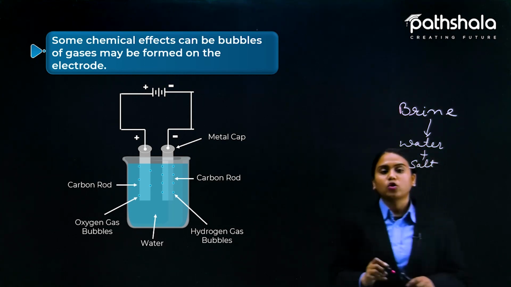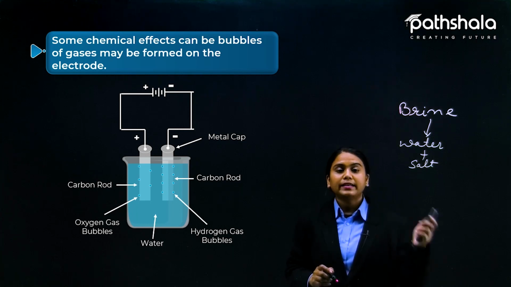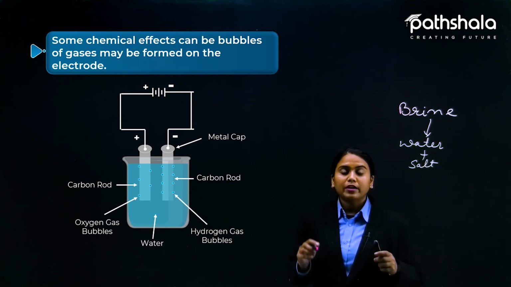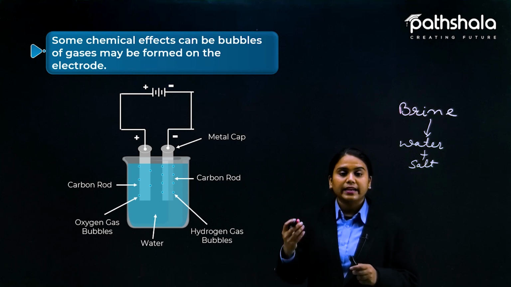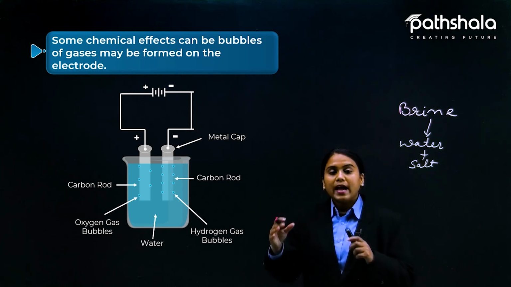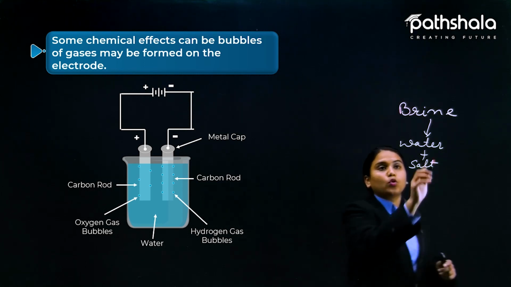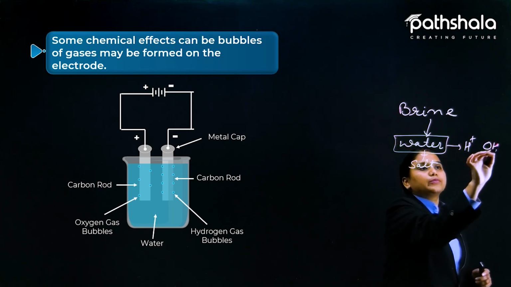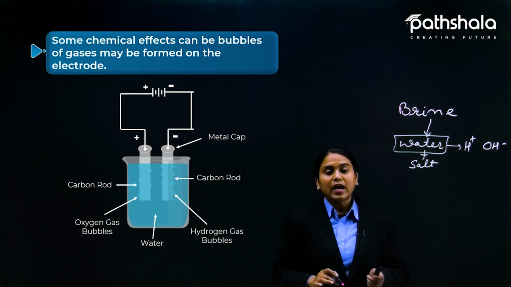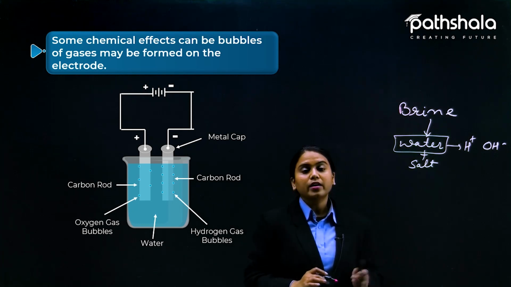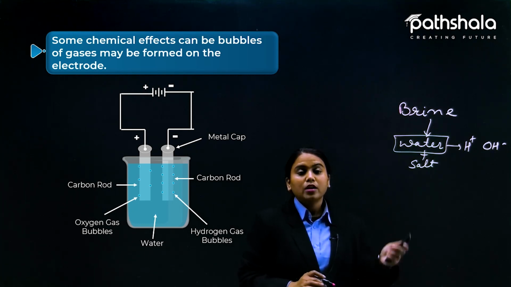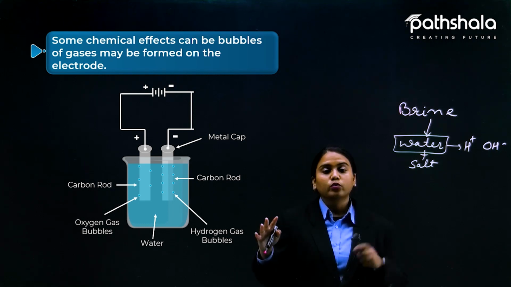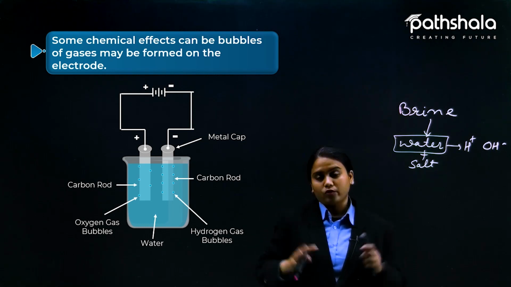When we take it as an electrolyte, it is going to break the water part into H plus and OH minus ions. You know that H plus is a positive ion and OH minus is a negative ion. So they will be attracted towards their opposite electrodes.